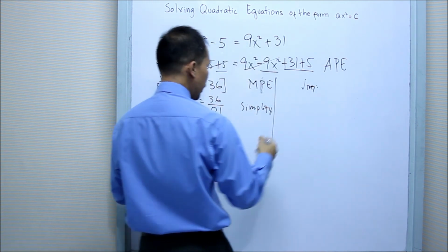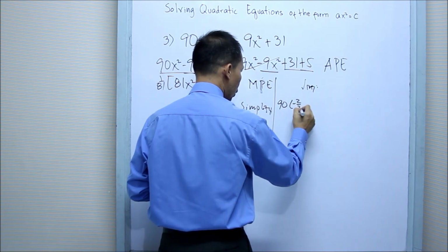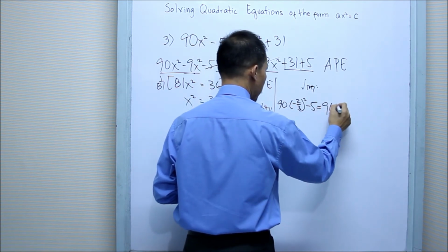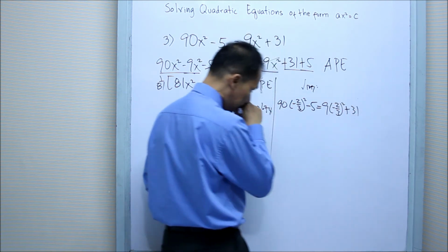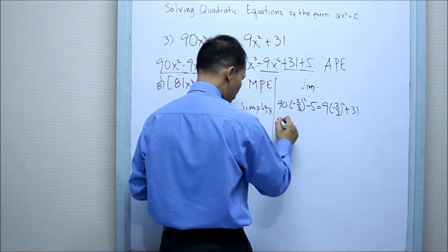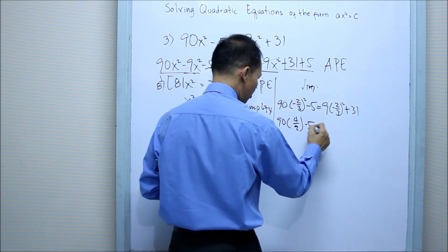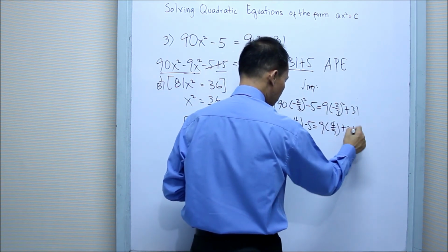What if it is a negative 2/3? If x is a negative 2/3, the original equation 90 times negative 2/3 squared minus 5 equals 9 times negative 2/3 squared plus 31. Squaring, I will have 4 over 9 minus 5, 4 over 9 plus 31.